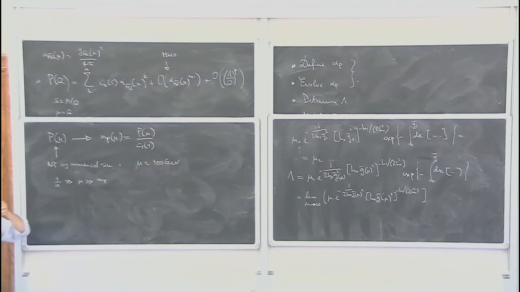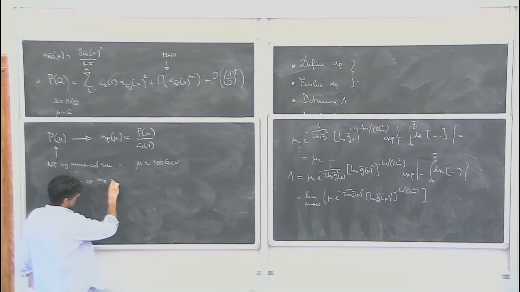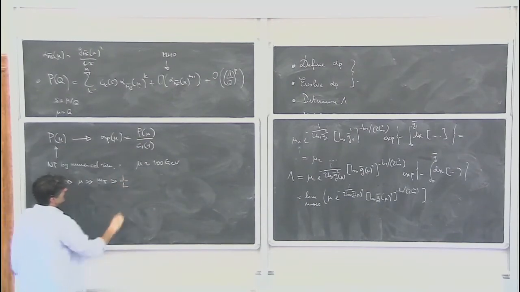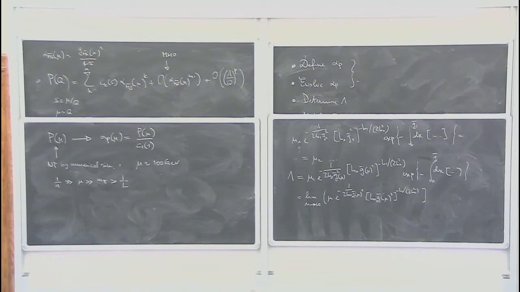But if you want to simulate QCD, you want to have pions as well. You don't have a choice. You're simulating the full theory. And you want the pions to sit comfortably in your lattice. You want your lattice to be big enough that the Compton wavelength of the pion is smaller than the volume of your box. Now you see, this is a huge hierarchy.